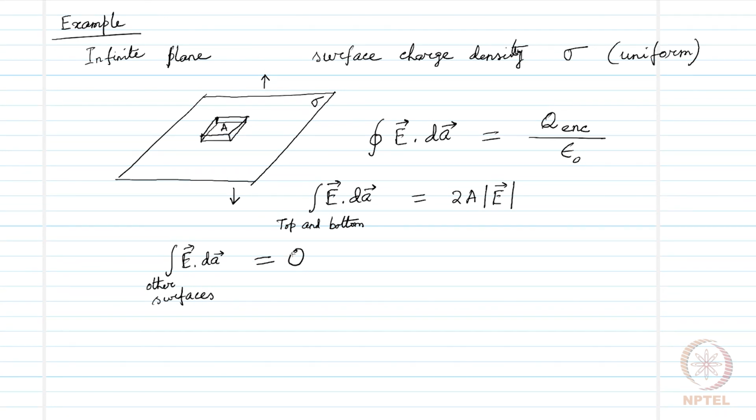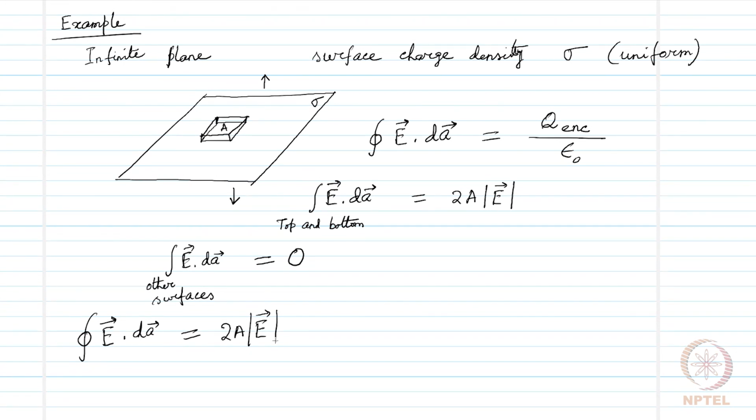That tells us that the integral of E dot dA over the surface enclosing this volume is 2A times the magnitude of the electric field.